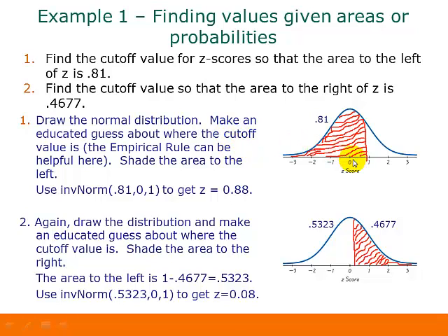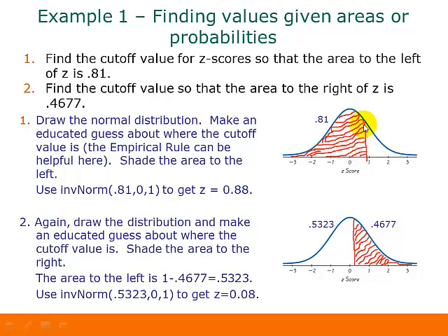The important part here is that if our area is 0.81, that's bigger than 0.5, which means that our area has to cover more than half of the graph. Remember, this is symmetric on either side of the mean, which is at 0 here. So since we're going to the left of z, we want this to be above the mean so that the left of that will include more than half of our graph.